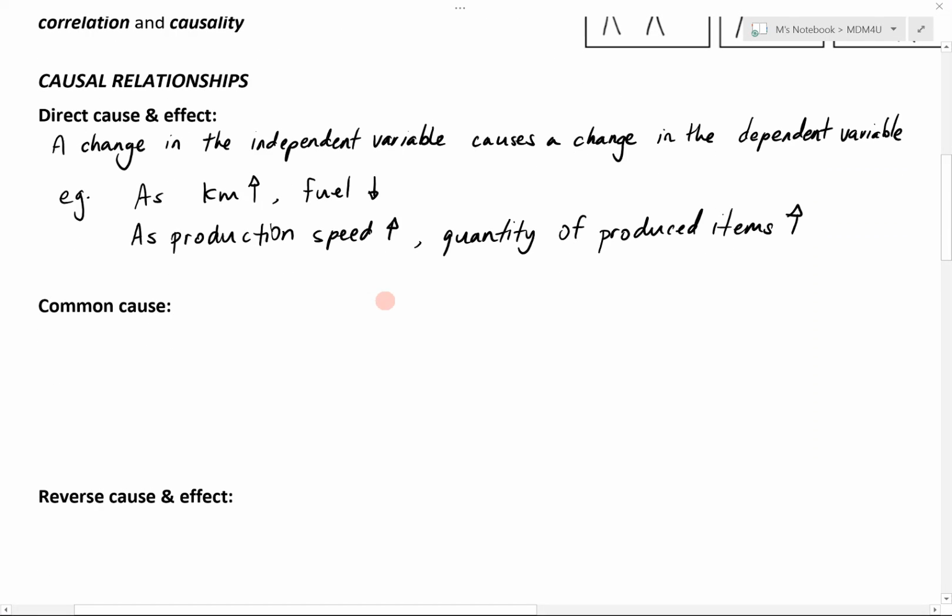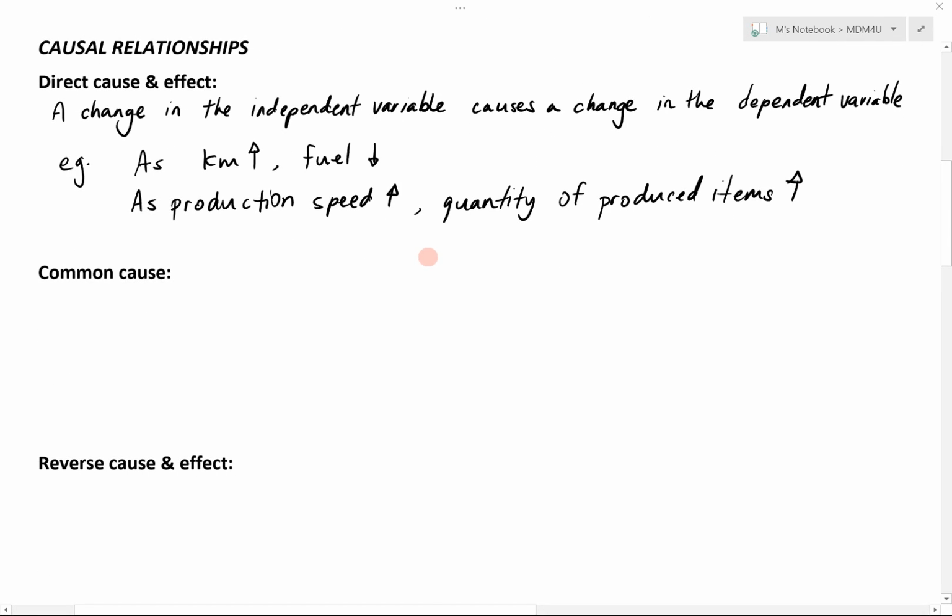Common cause. Common cause is another kind of relationship, and we're going to say that this is an external third variable causes two variables to change.